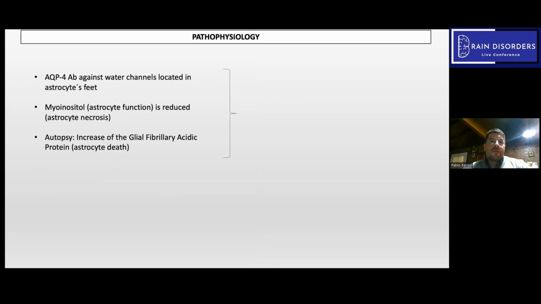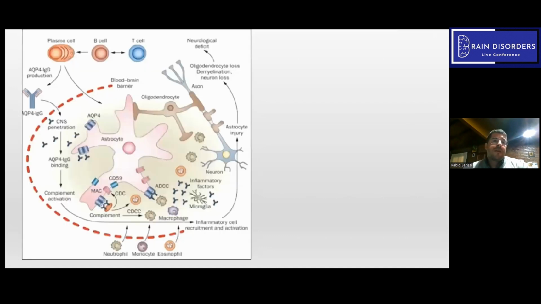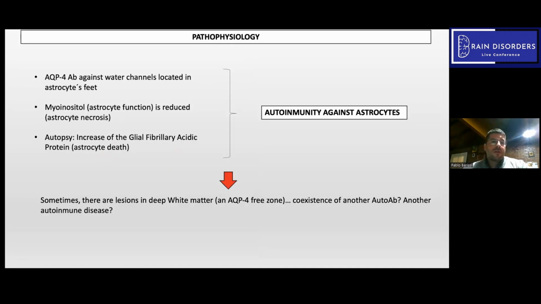With the pathophysiology, the aquaporin-4 antibodies are against water channels located in the astrocyte feet. The myo-inositol, which denotes the function of the astrocyte, is reduced. So it means that there is astrocyte necrosis. In the autopsy, there is an increase of the glial fibrillary acidic protein that explains the death of the astrocyte.